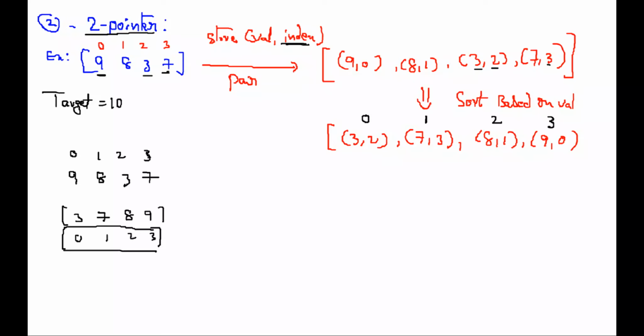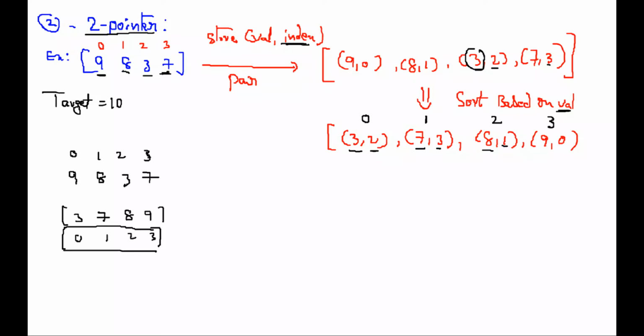Now we will keep the elements in sorted order based on the value. Out of these elements, which one is the least? 3 is the least. So 3, and its index is 2 as per the given array. The next highest is 7, and its index is 3 as per the given array. The next element is 8, and its index is 1.